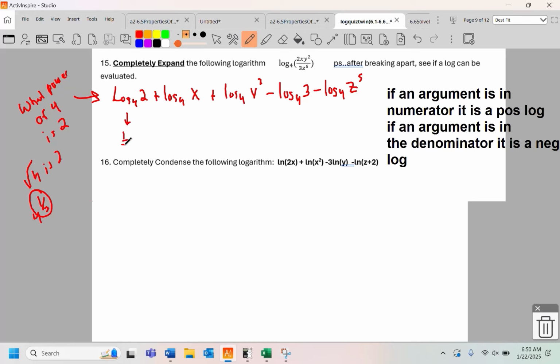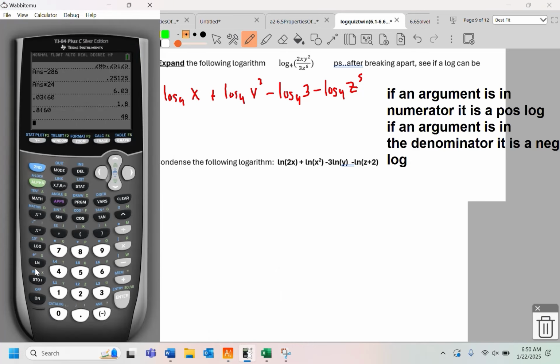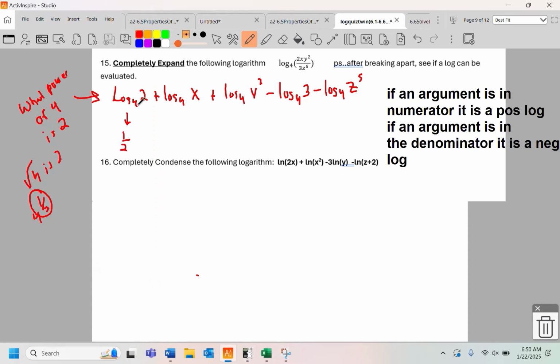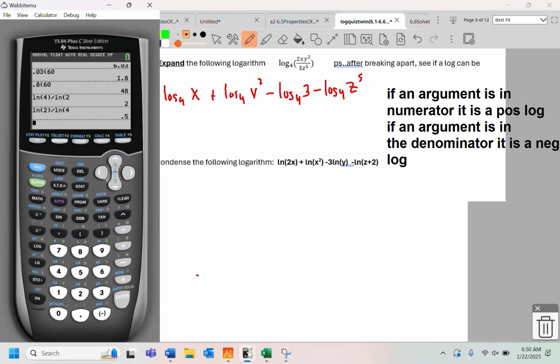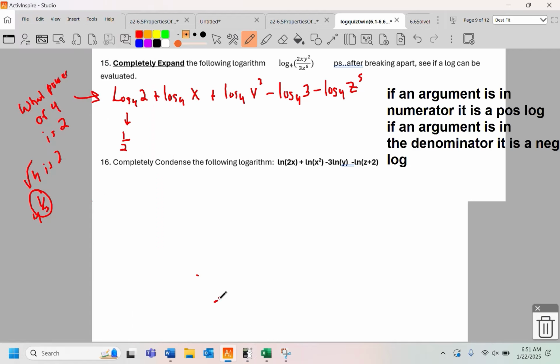This is 1/2. Also, I could use my change of base: ln2 over ln4, because 2 was up top, 4 was on the bottom. 0.5. You see, these things are evaluatable, and it's a nice number. That's the big thing.